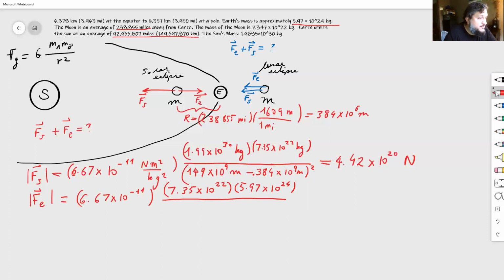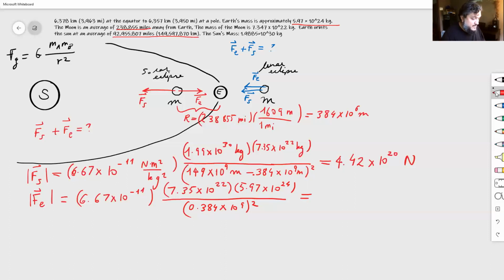And what was it? 0.8384 times 10 to the 9 squared. That's R, right? So 6.67 10 to the -11 times 7.35 10 to the 22nd times 5.97 10 to the power 24 divided by 384 10 to the 9 squared.